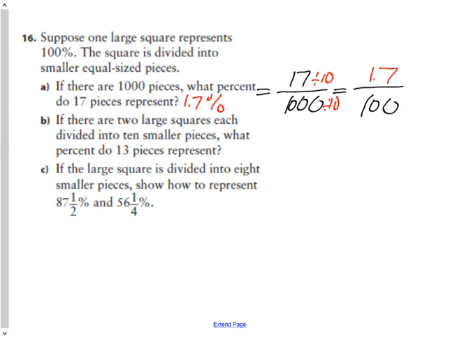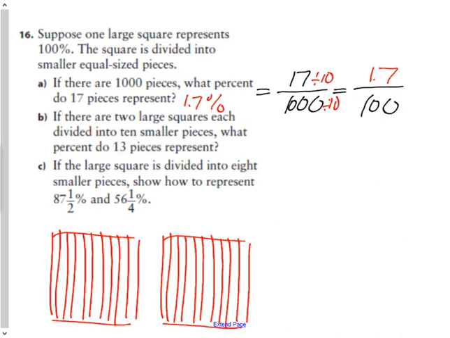B, if there are two large squares each divided into 10 smaller pieces. So here we have a picture of two larger squares each divided into 10 smaller pieces. What percent do 13 shaded in out of that? So if I shaded in this first, this is 10 parts shaded in. And if I was to do 3 more, what percent would this be?